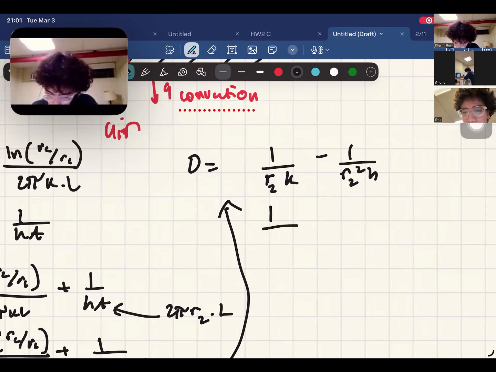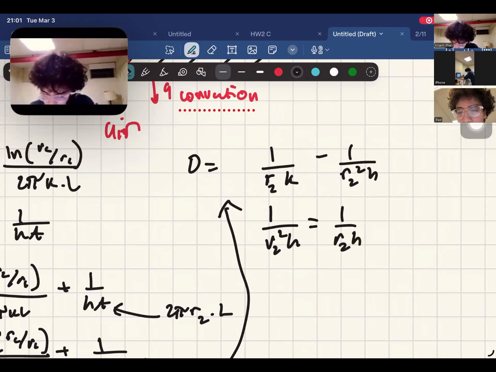And then we move R2 square H over to the other side. And then we divide both sides by R2.